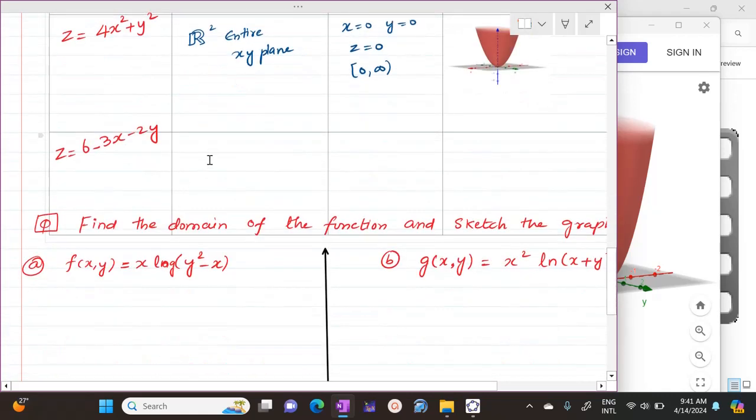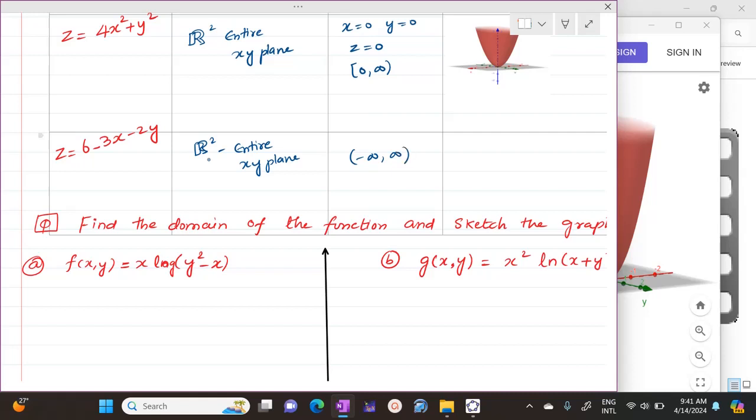Okay, the next one here: x to the sixth minus x, 3x minus 2y. So here also the entire xy plane is the domain. Here it will not always take positive values, therefore it will take negative to positive.